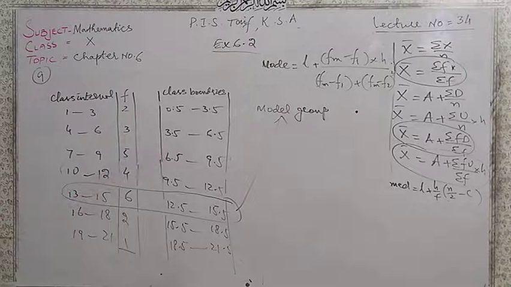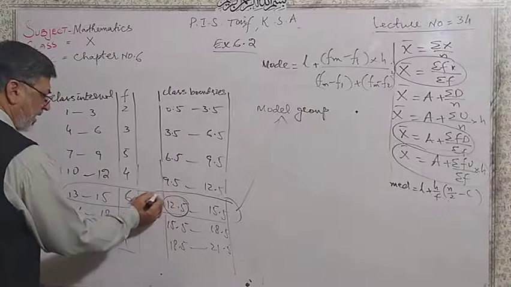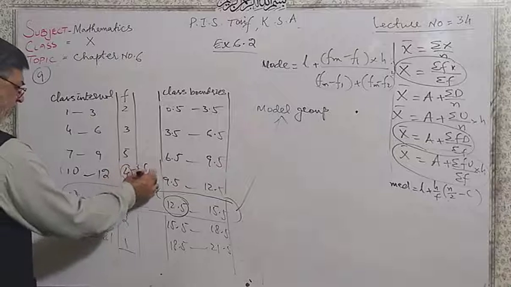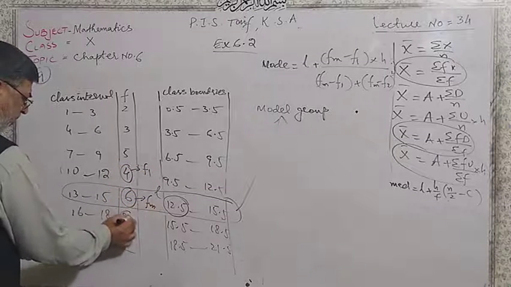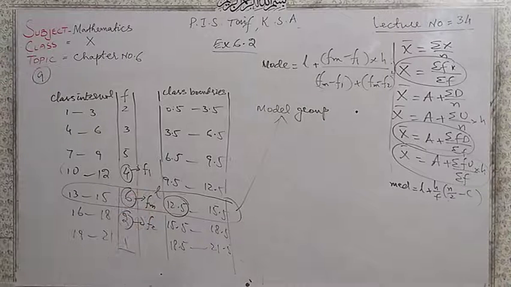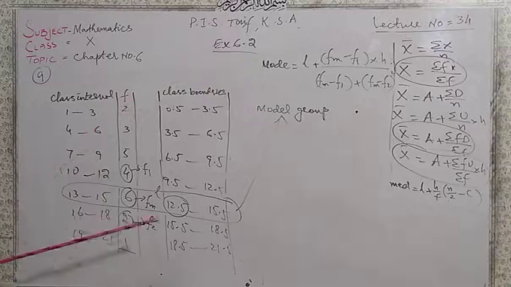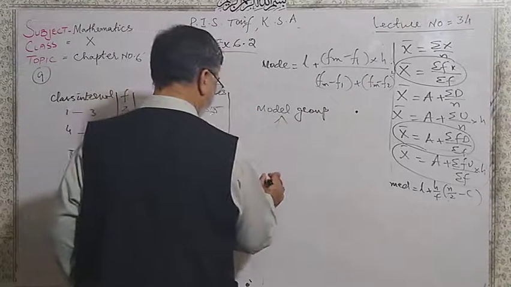So this is the lower class boundary, this is L, 4 is F1, 6 is Fm, frequency of modal group, next is F2, next group. So we have all values here, we can apply these values in the formula.